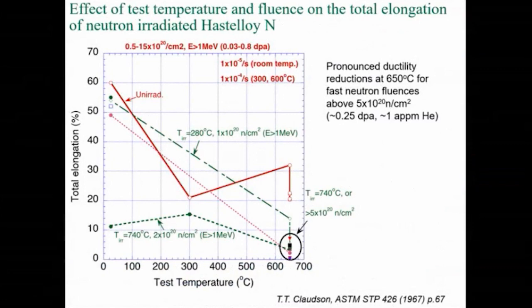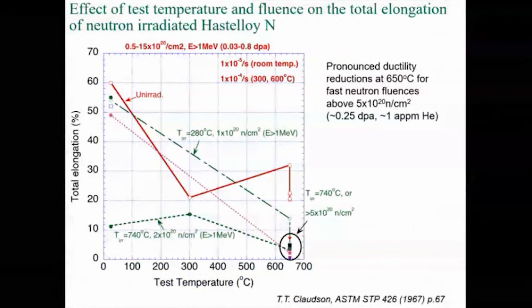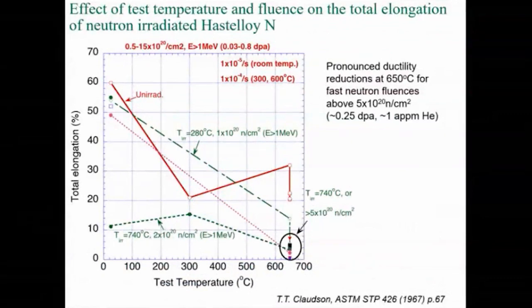So this was irradiated at either 280 degrees centigrade or 740 degrees centigrade, and you can test it at different test temperatures and start approaching interesting molten salt reactor relevant temperatures. You see this very dramatic decrease in the ductility. Again, down in single digits for total elongation for these types of tests. And again, these were at tensile test conditions. So this is the best of all worlds kind of ductility that you would get out of this.